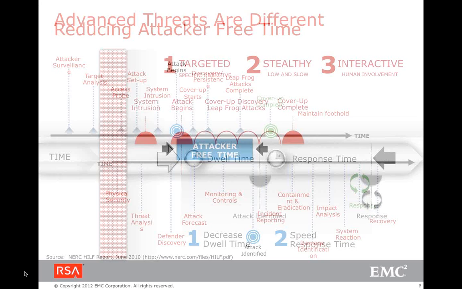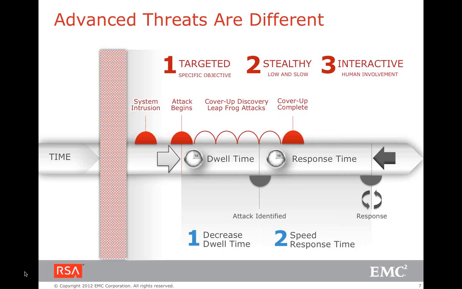The response time, the time between identifying the attack and responding, is also very long, because we do not have sufficient information in the audit trails, because the attack was designed in that manner. It was designed to be stealthy, and hence we need more information so that our response time is also reduced as much as possible.